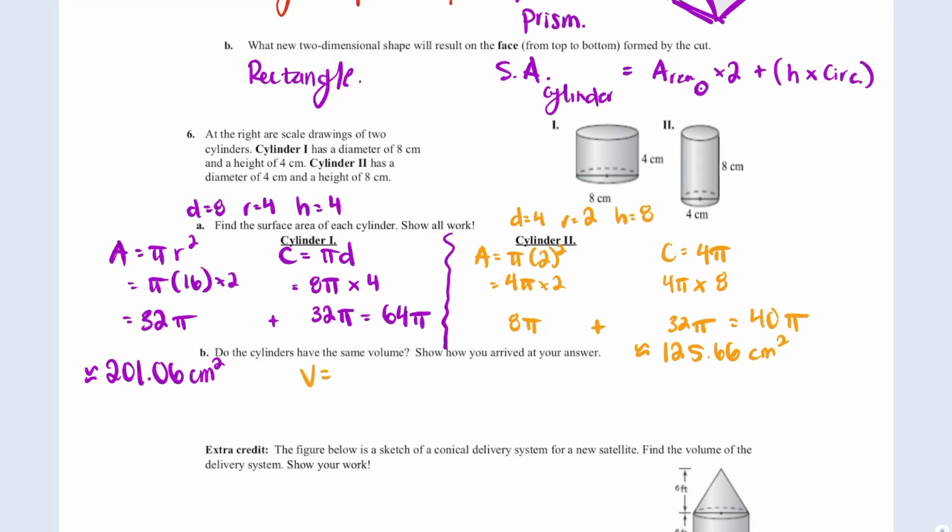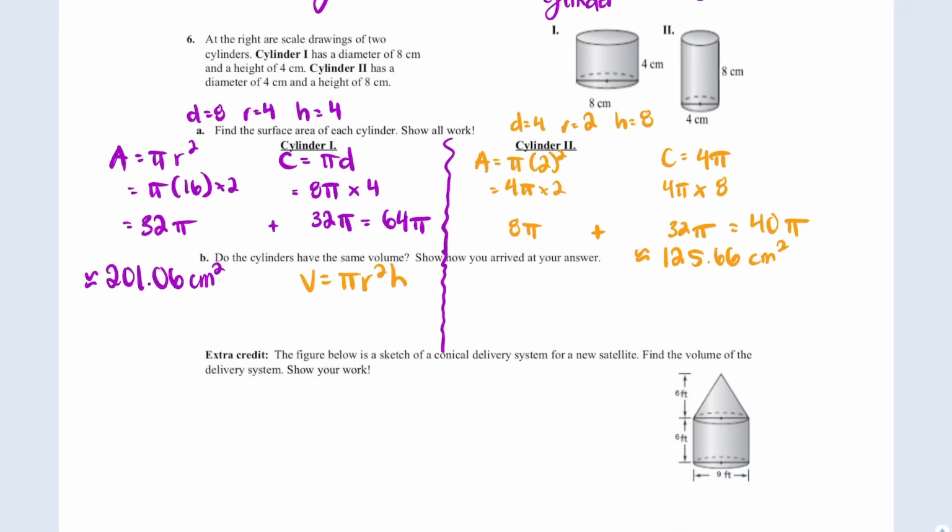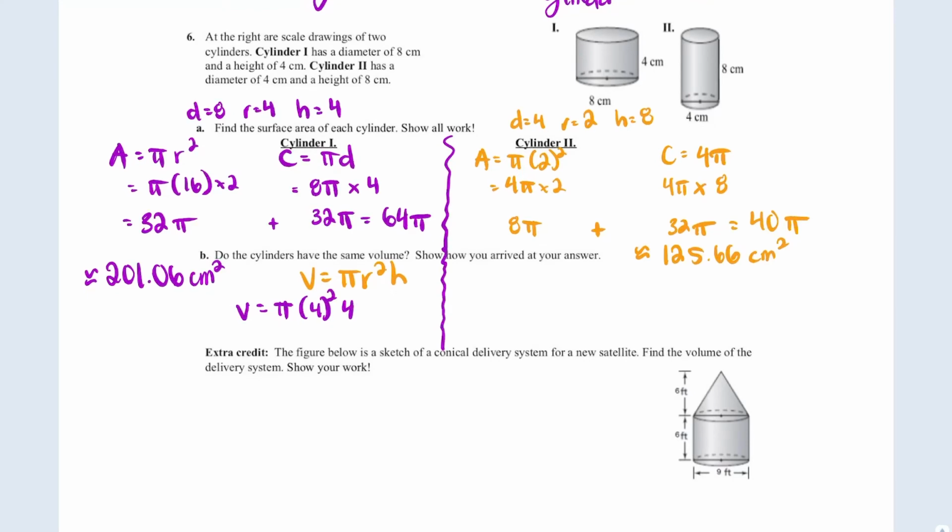So, yay, less calculations here, but the volume of a cylinder is pi r squared times h. So, continuing this separation here. Okay, cylinder 1, we're going to take the radius of 4, so pi times 4 squared, and then we're going to multiply that by 4. So you'll see 4 squared is 16 times another 4 is 64.